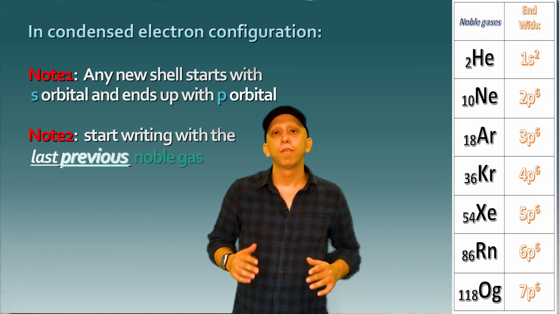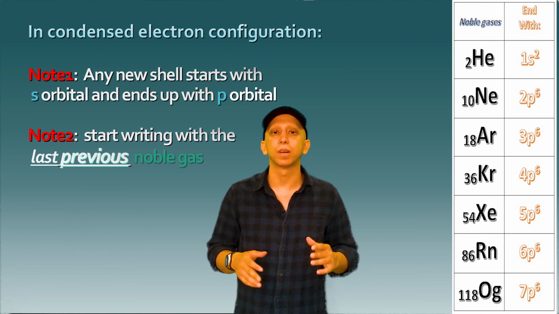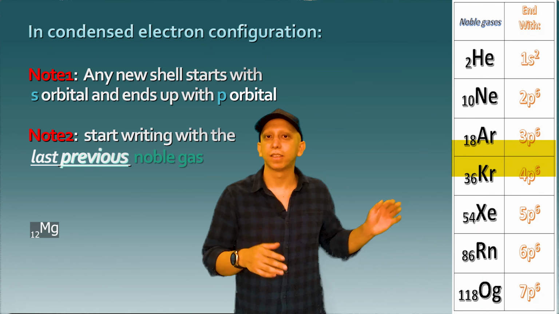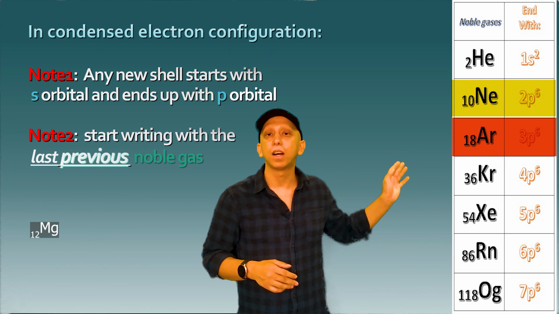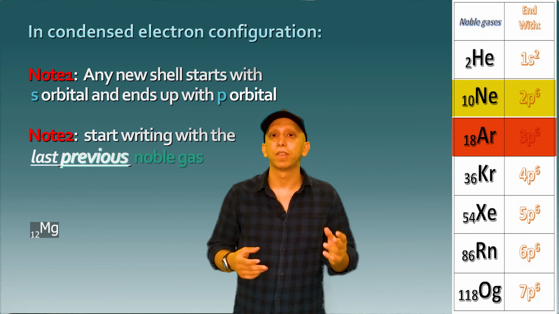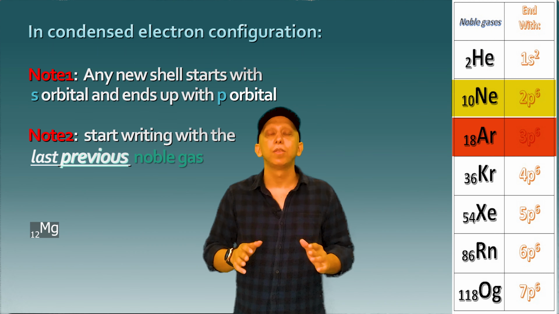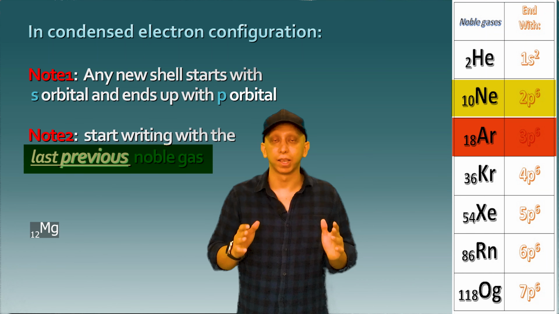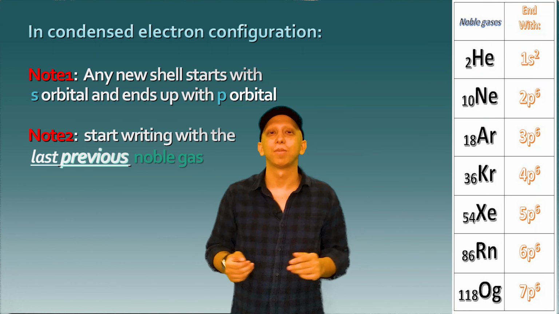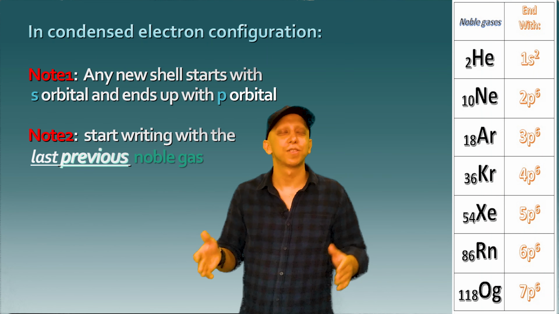For example, if you want to write the condensed electron configuration of the element whose atomic number is 12, we know that it is between neon, whose atomic number is 10, and argon, whose atomic number is 18. But which one of them is usable for us? As I said in note number 2, we have to use the last previous noble gas. So I have to use neon.